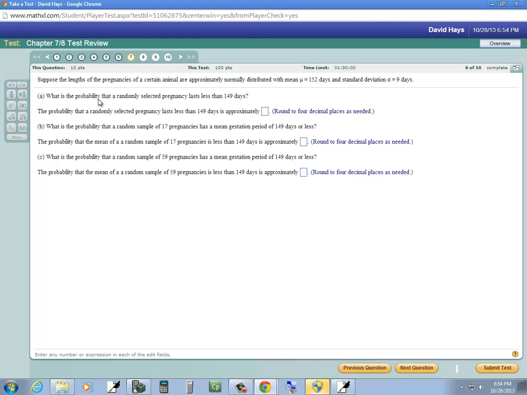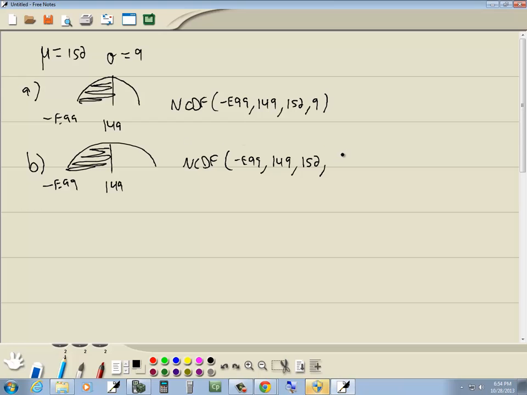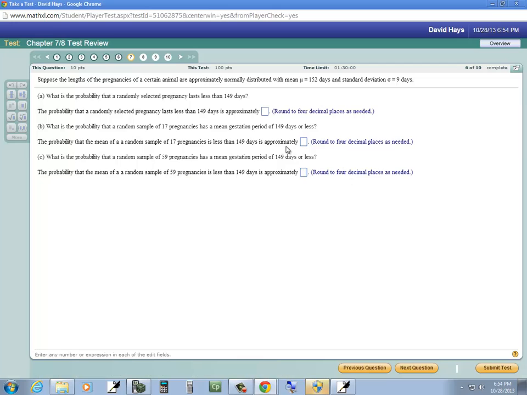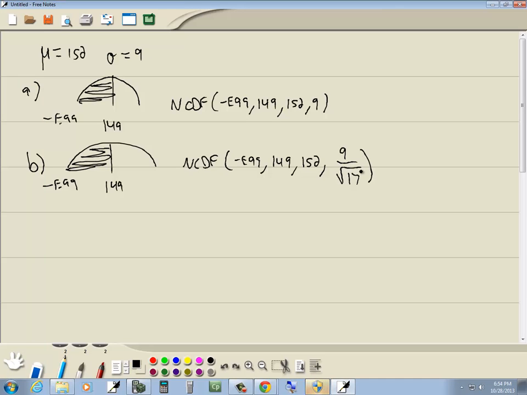Now part A says a randomly selected, we're talking about 1. B says a random sample of 17 pregnancies, we're talking about many. Well, for the many, you take your standard deviation, which is 9, divided by the square root of however many you have. We've got 17 pregnancies, so that'd be square root of 17.